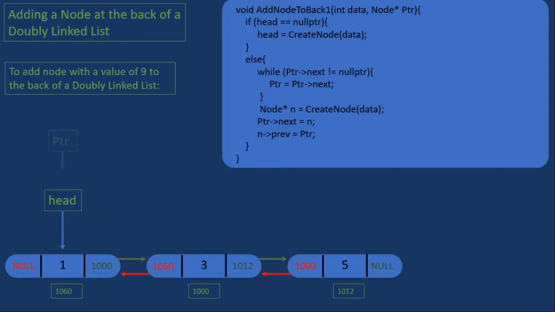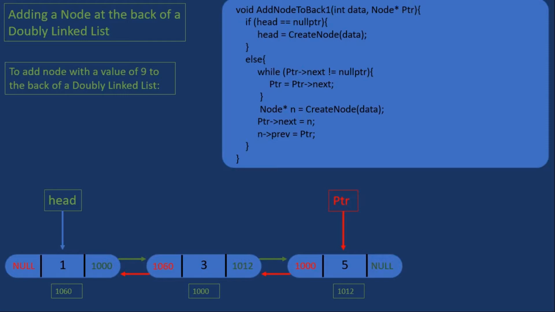And since we passed in the head node pointer as argument to this function, then the node pointer ptr is also pointing to the head node. So in our while loop, if the pointer ptr or the current node's next pointer is not null, we want to advance the pointer ptr to point at the following node with the value of 3. And if the second node's next pointer is not null, we advance the pointer ptr to the following node with the value of 5.